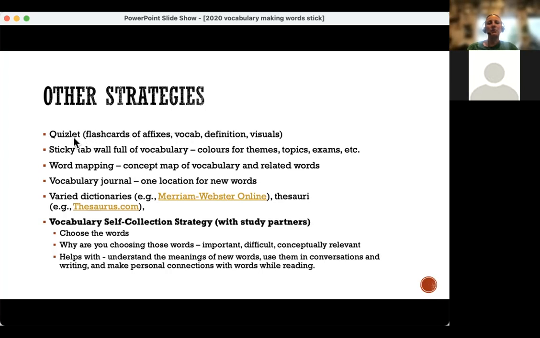And also with Quizlet, it's free, but you can also add visuals. So if I type in something, I can go the option of adding the photo in there right away. And usually it's just a matter of typing in the word, and then you can choose from a list, because they'll find different words that people have added. And then if I click on one of those words, it usually will recognize it.